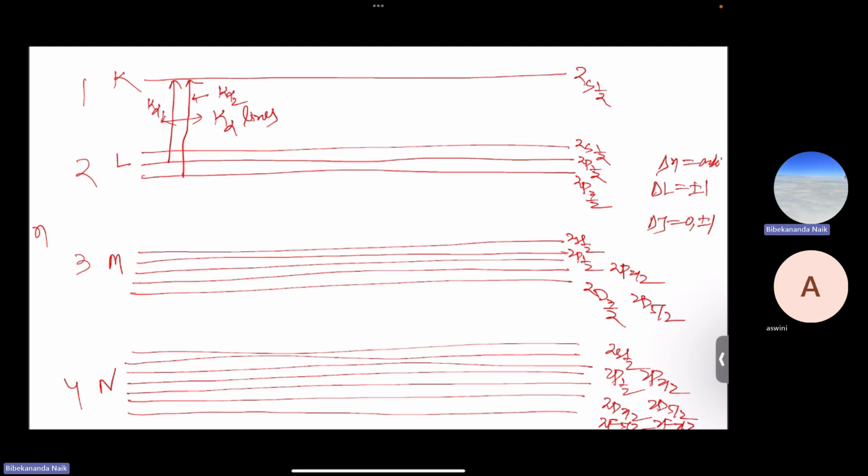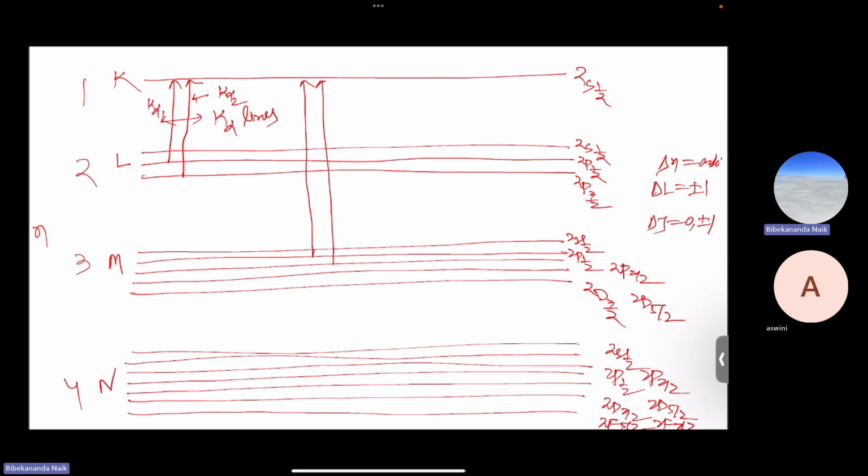Like that, if the transition is occurring from M to K, how many transitions will there be? There will be two transitions, because delta L is plus minus 1 and delta J is 0 plus minus 1. So the transitions will be from 2p 3 by 2 to 2s half and 2d 3 by 2 to 2s half. The two transitions will be 2p half to 2p 3 by 2, from here, and the other from here, because both are p and each is a, so delta L is always plus minus 1.